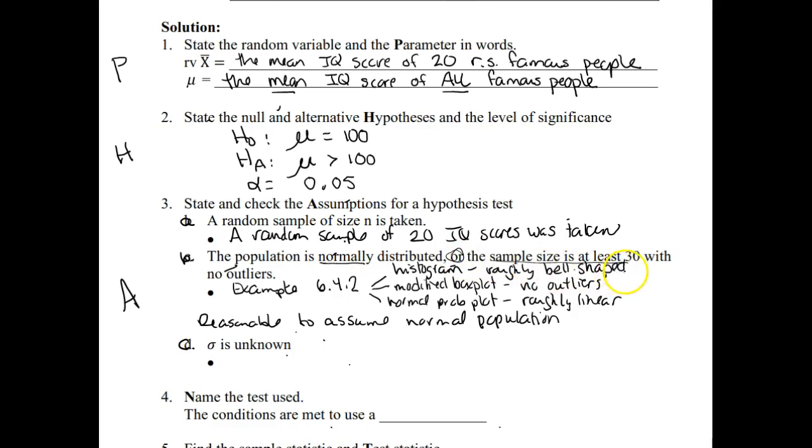They only took 20 IQ scores, but it's an or statement, so we just need at least one of these things to be true. And so it is reasonable to assume that the data came from a normal population. And then sigma has to be unknown. So sigma was not given, and you can't get it from sample data.